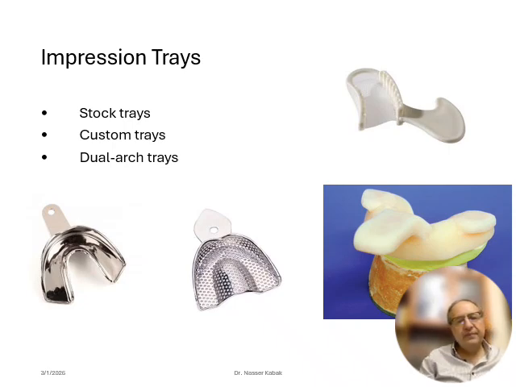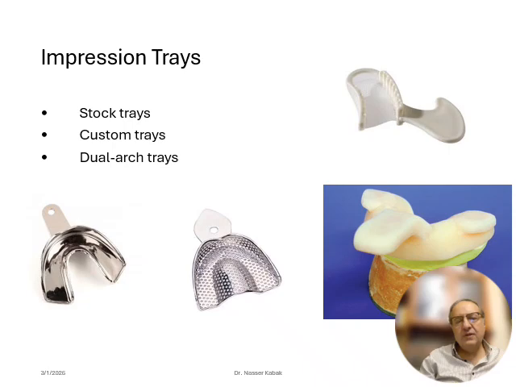Impression trays. We have different impression trays. Some of them are stock trays. Some of them are custom trays. The stock trays must be metal because the plastic trays are amenable to distortion. Some of them are non-perforated, and we call them rim locks. They are used for special purposes. For example, when we use heavy body with light body.